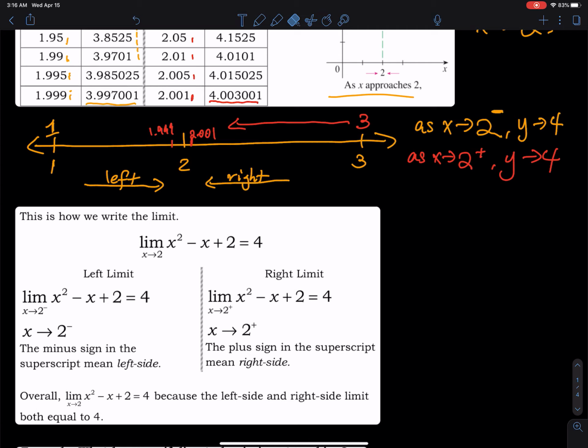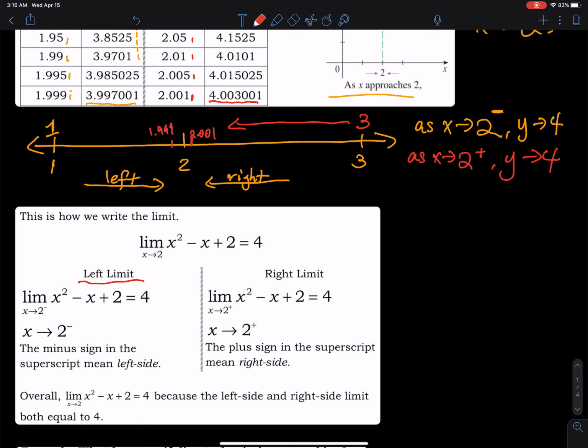So first, we look at the left limit. As x approaches 2 from the left, the minus means the left of this function, the limit of the function is equal to 4. And then on the right hand side, as x approaches 2 from the right, we draw a plus. The limit, the y value, is equal to 4. So therefore, the left side equals 4, the right hand side equals 4.